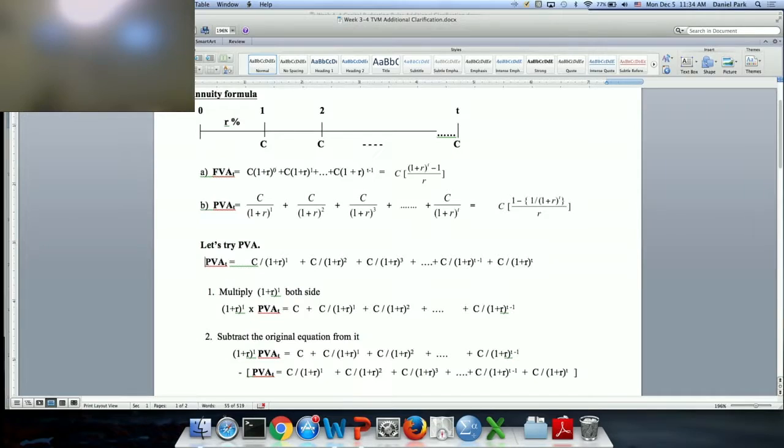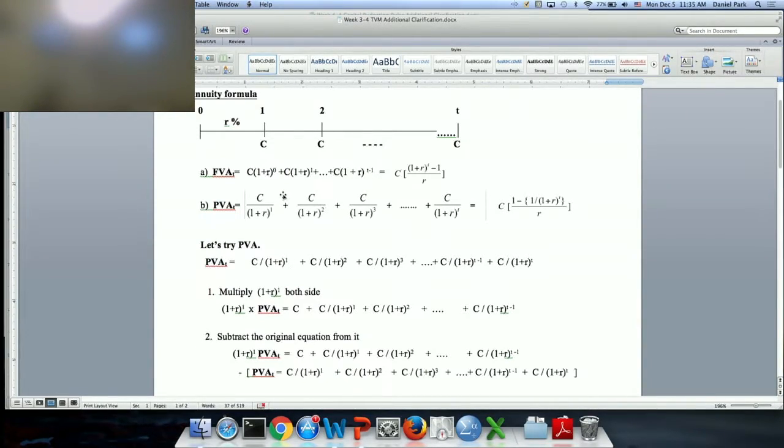That means on the left side, we multiply by 1 plus R, and on the right side, each term we multiply by 1 plus R. So C over 1 plus R, if you multiply by 1 plus R, then the 1 plus R will be cancelled out.